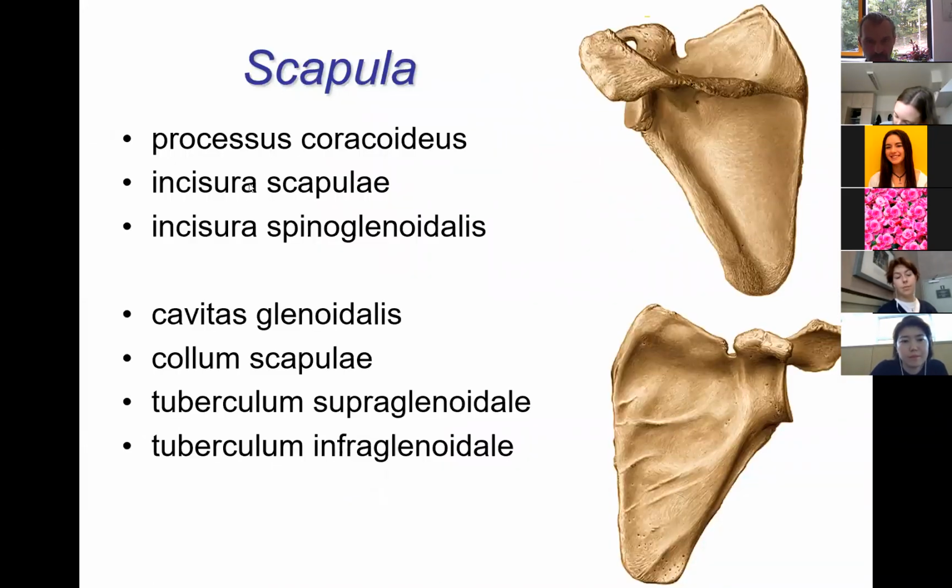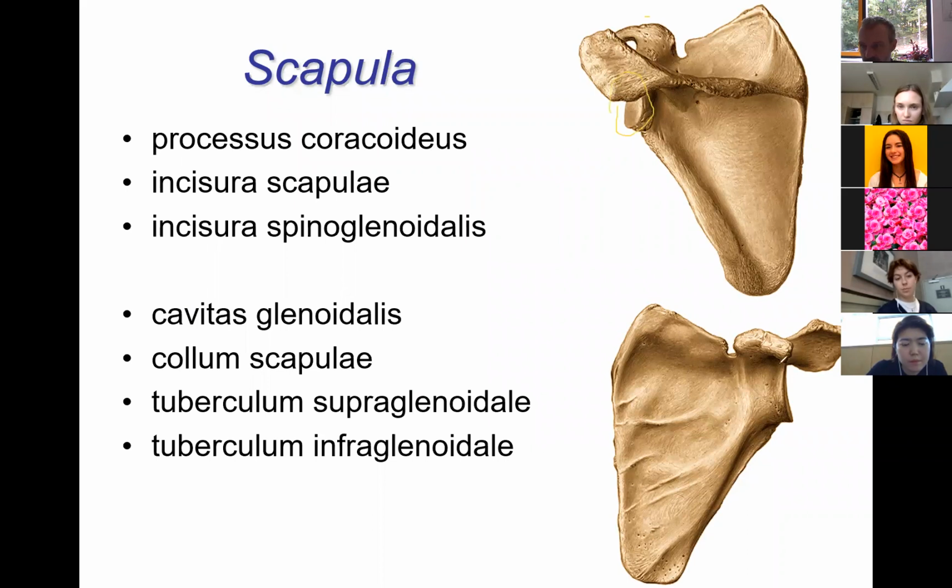So we talked about these three, and now another four terms. Glenoid cavity, cavitas glenoidalis. I hate this term as it is not transparent. Cavitas means a cave, so you would expect a cavity, but it's not a cavity, it's the articular surface.